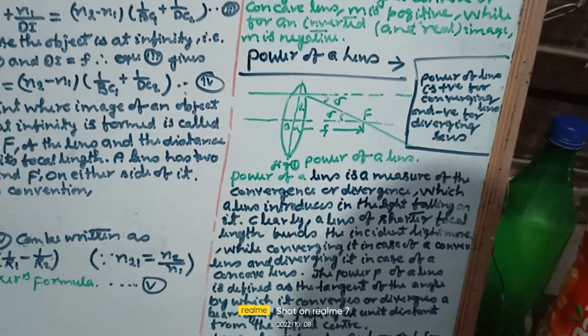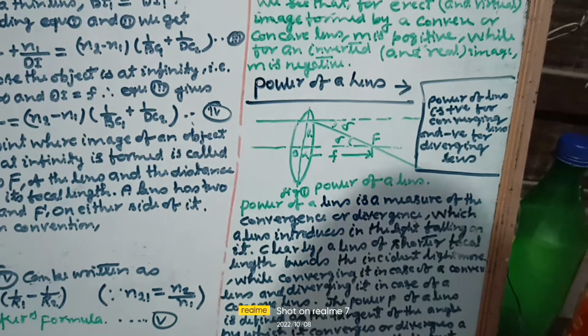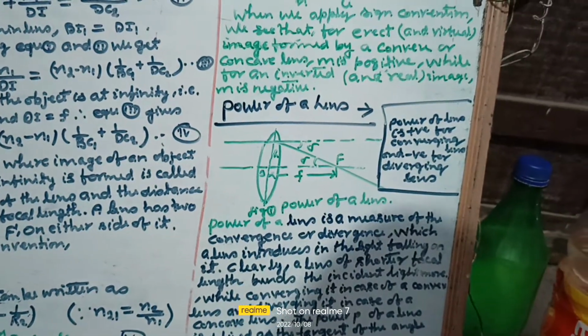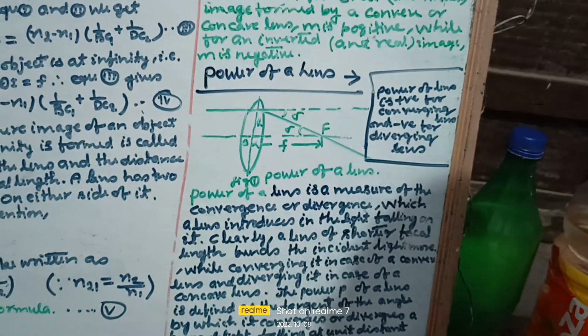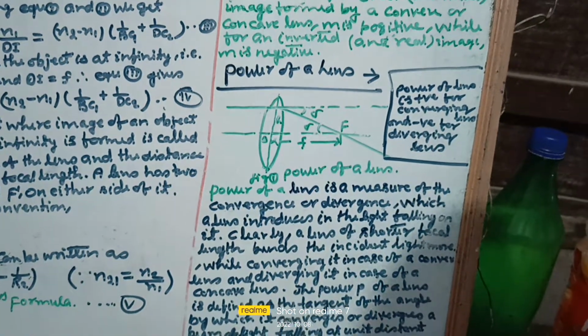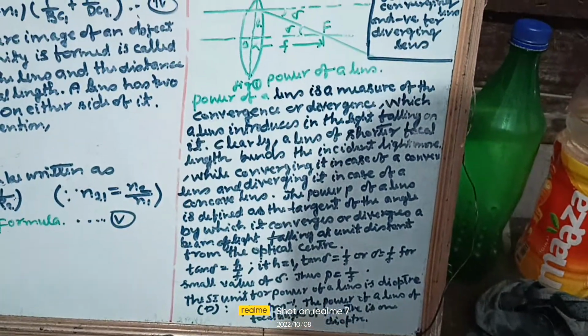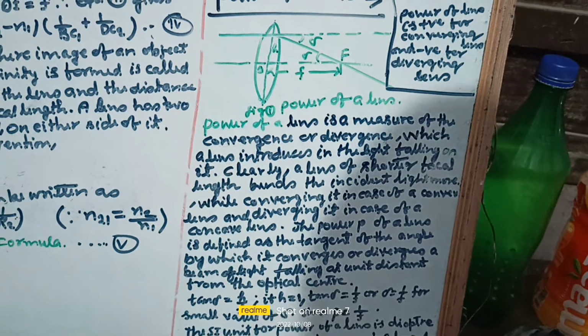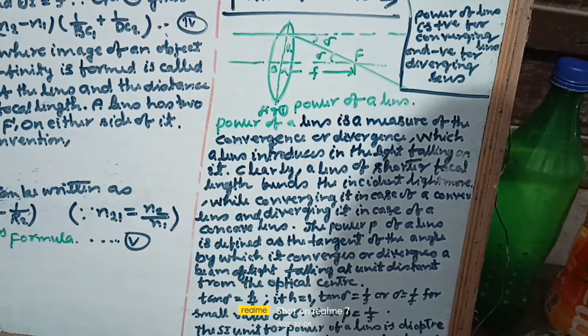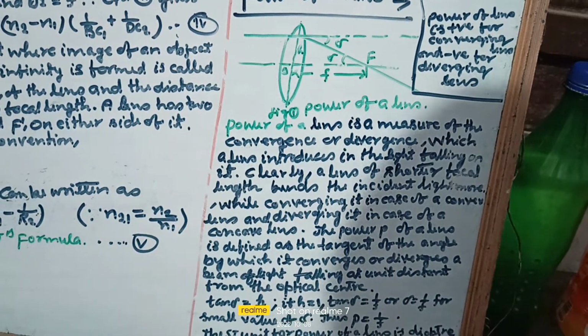Power of lens. Power of a lens is a measure of the convergence or divergence which a lens introduces in the light rays falling on it.